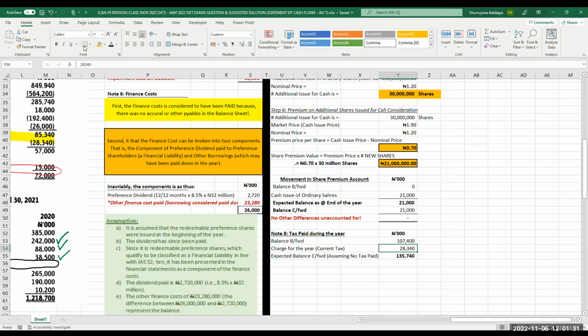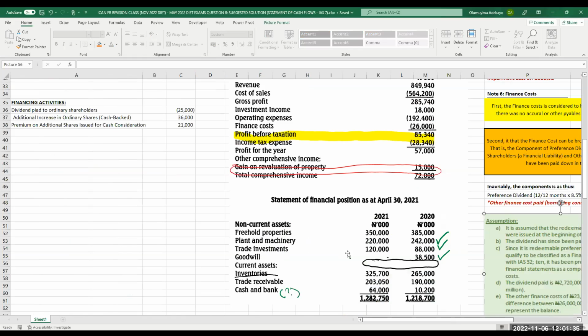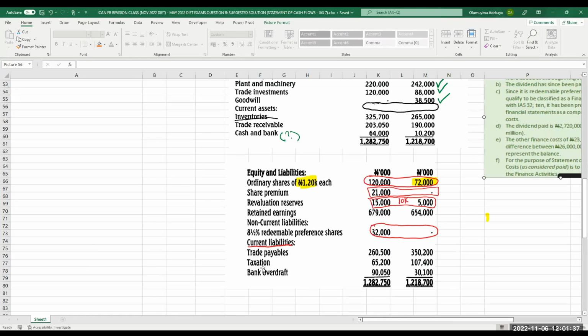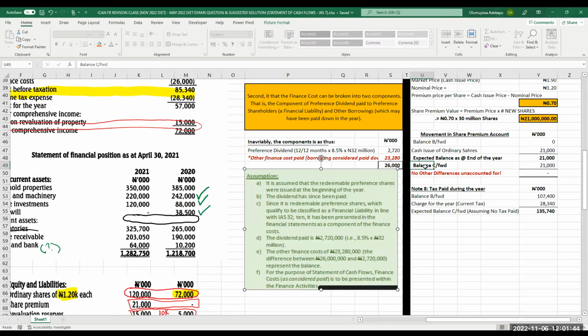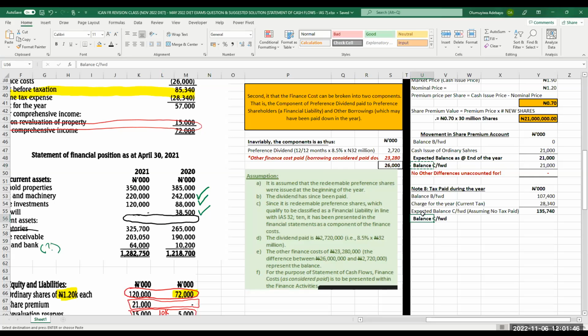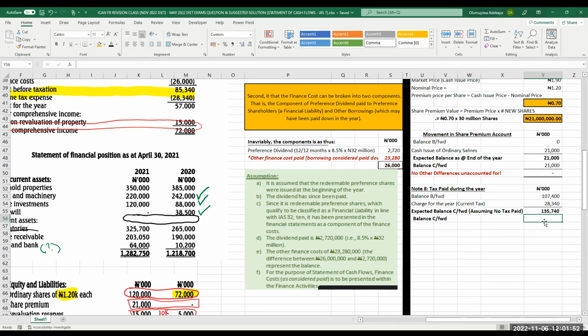But what is the balance I have? The balance I have was showing 65,200. It means I've paid down. I have 65,200.